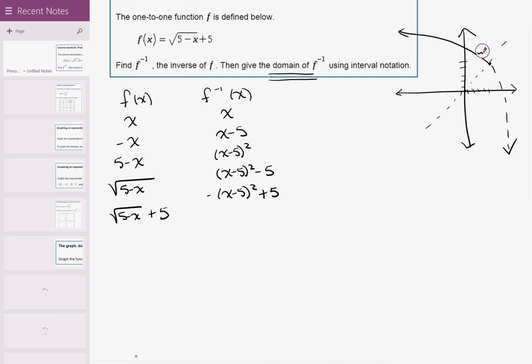Using the algorithm, I replace f of x with y. I interchange x and y.